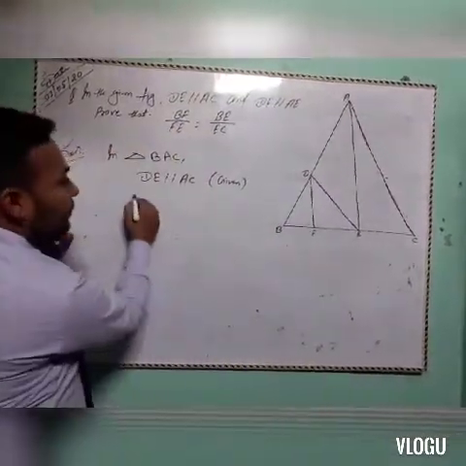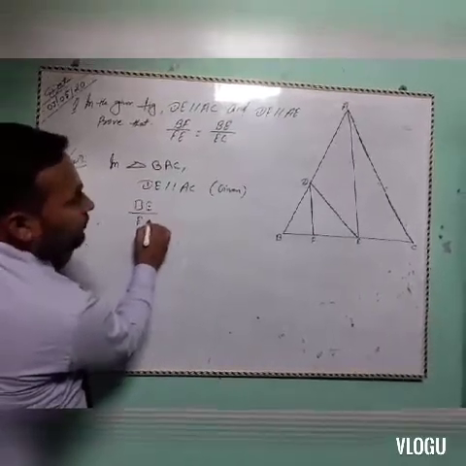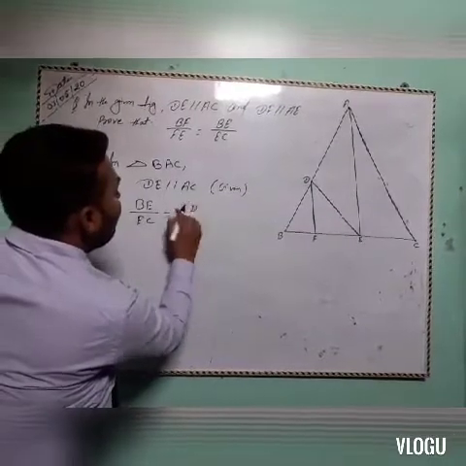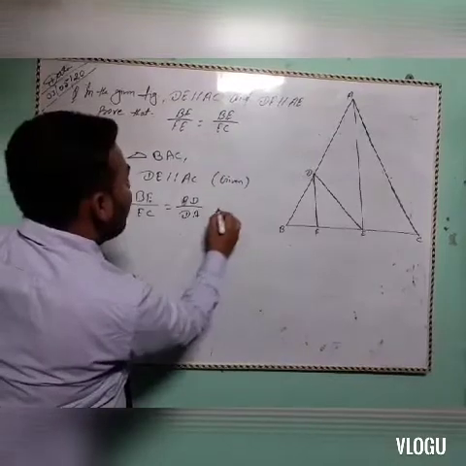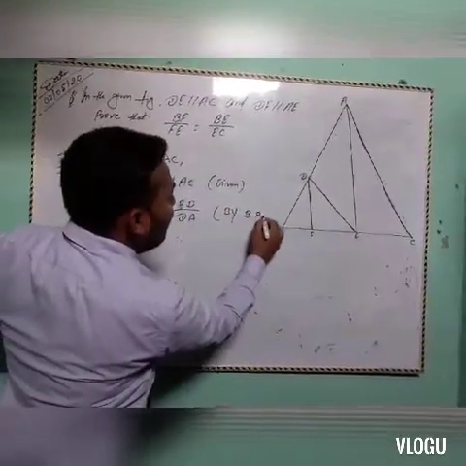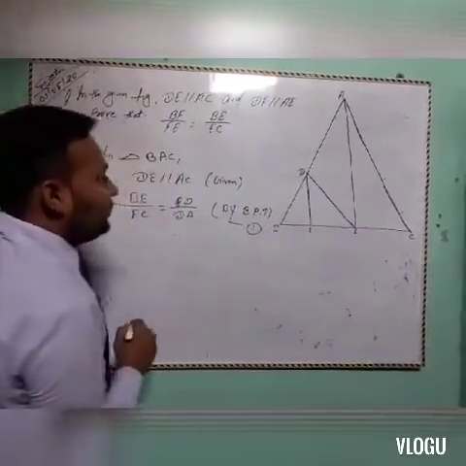So BE upon EC equals BD upon DA, by BPT, basic proportionality theorem or Thales theorem. Equation first.